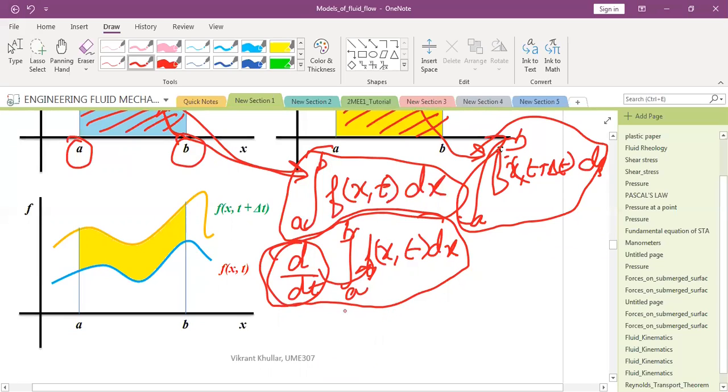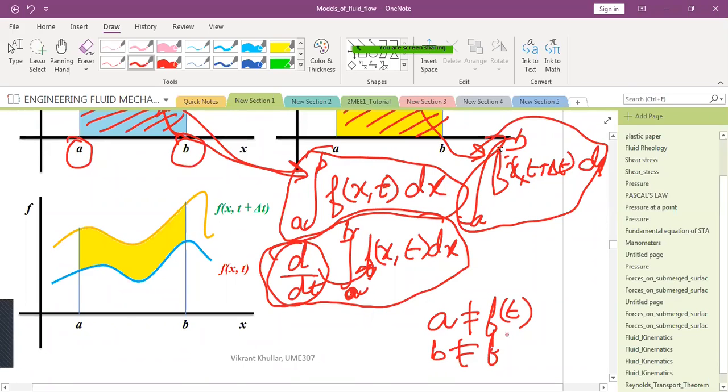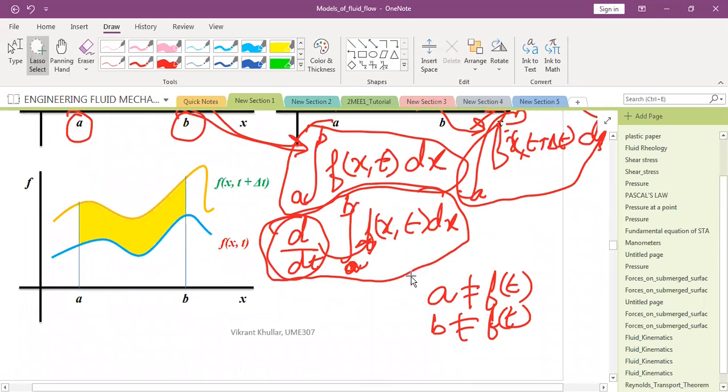Yes, sir, you can take it, because the limits are not a function of time; they are not changing with respect to time. So how can you take this inside? What is the definition of a derivative?